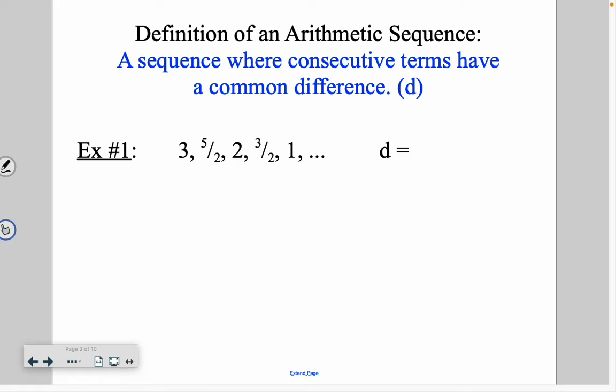This is 1.5. So you're going 3, 2.5, 2, 1.5, 1. So what's happening? Yeah. The common difference is negative 1/2. Every time, in order to get the next term, it's negative 1/2, negative 1/2, negative 1/2. That is what makes this specifically an arithmetic sequence. Okay?